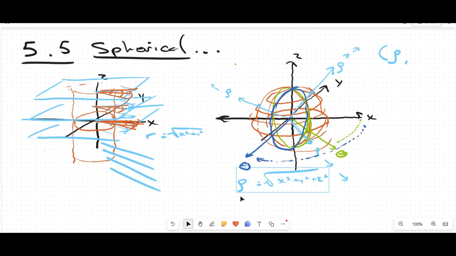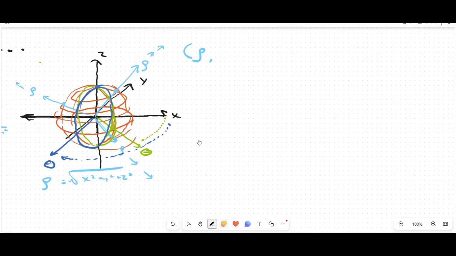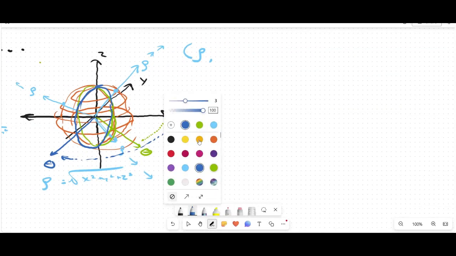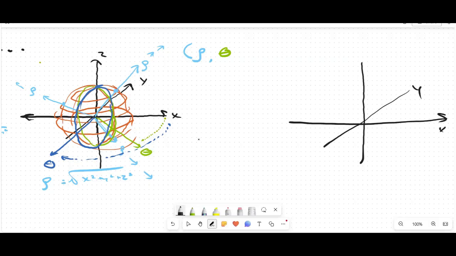So let's get another picture going. Here, I've isolated a second coordinate, theta, and we'll just do another picture to work with the first picture. Let's just do those two coordinates. So let's say, for instance, here's y, here's z. You pick a choice of theta. Let's say you pick this theta right here.